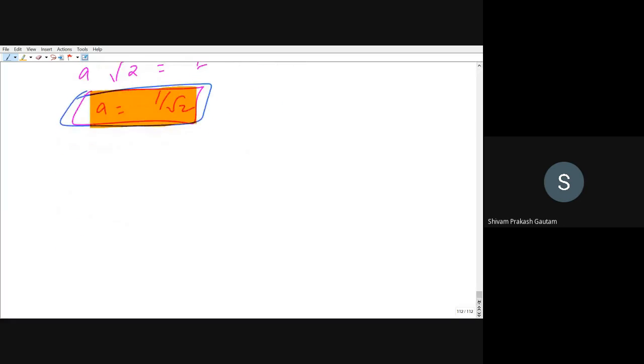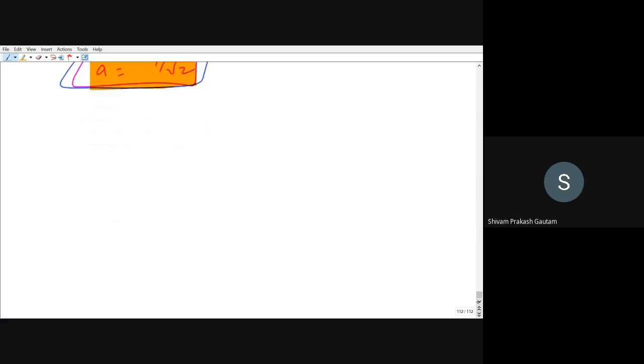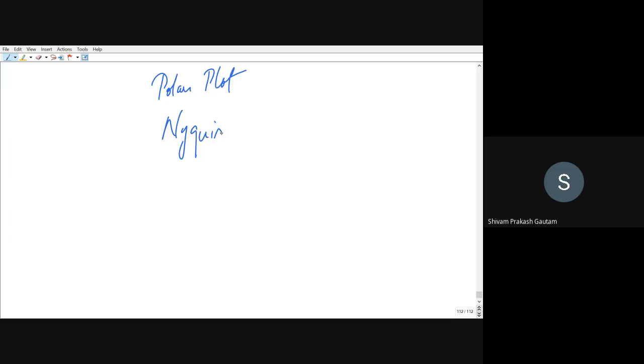Okay, so in the last class, we were discussing the Nyquist plot, polar plot and Nyquist plot, and we have also seen a few examples. If you want an overview of what we have learned so far, we have learned how to draw the polar plot and how to draw the Nyquist plot.